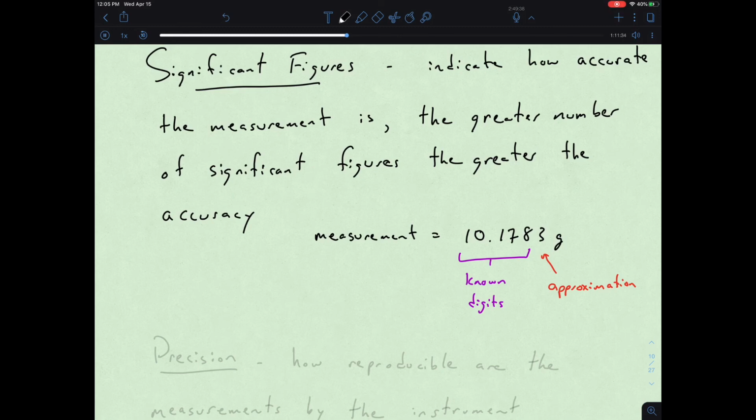So that's the idea of significant figures and the relationship to accuracy.